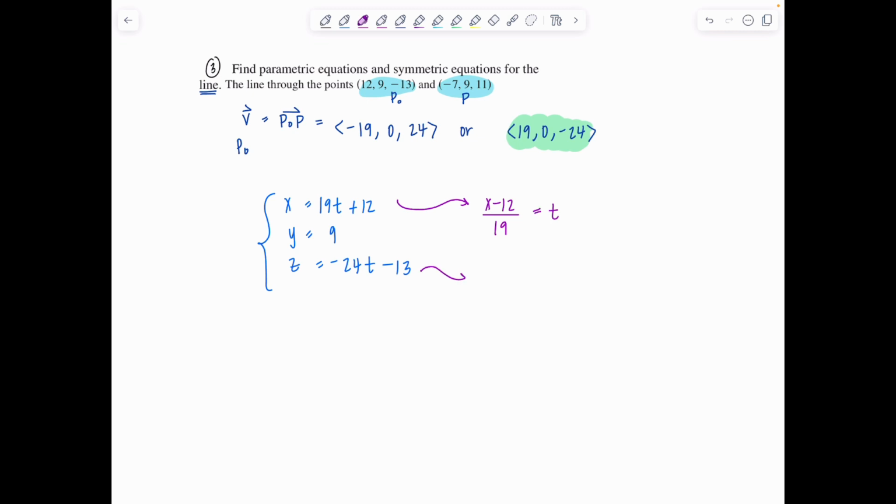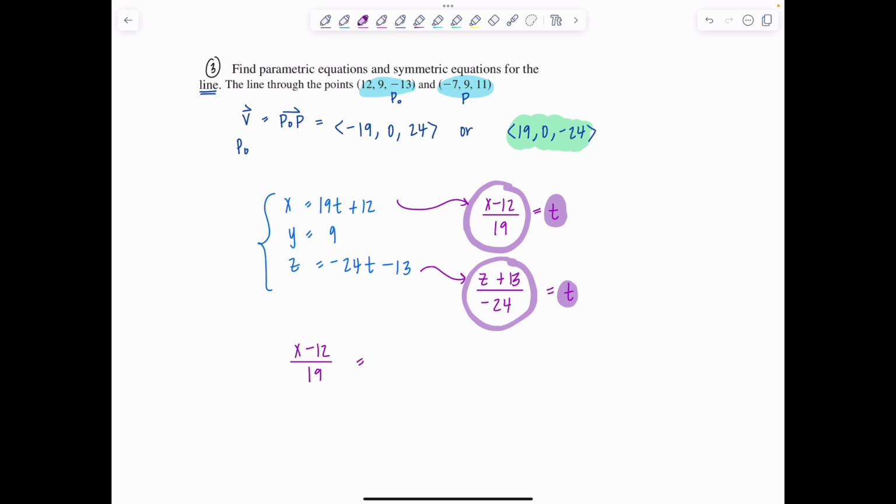And then I can do the same thing over here, z plus 13 over negative 24 equals t. So my symmetric equations come from just setting these two quantities equal to each other since they both equal t, right? So we can just write x minus 12 over 19 equals z plus 13 over negative 24.